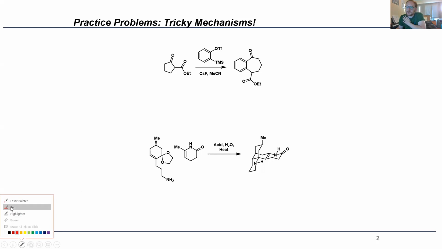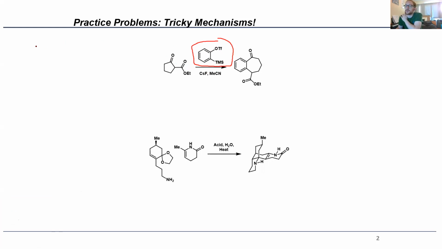Okay, so the first problem. Does anyone have any suggestions on what they think is happening here? When you see this group here with the silyl ether and the triflate, this should be an instant signpost for the formation of benzyne.